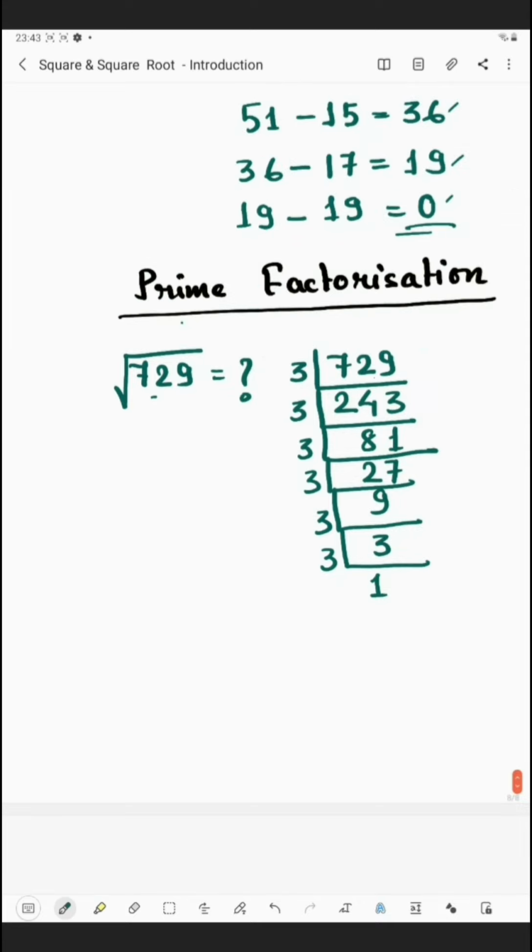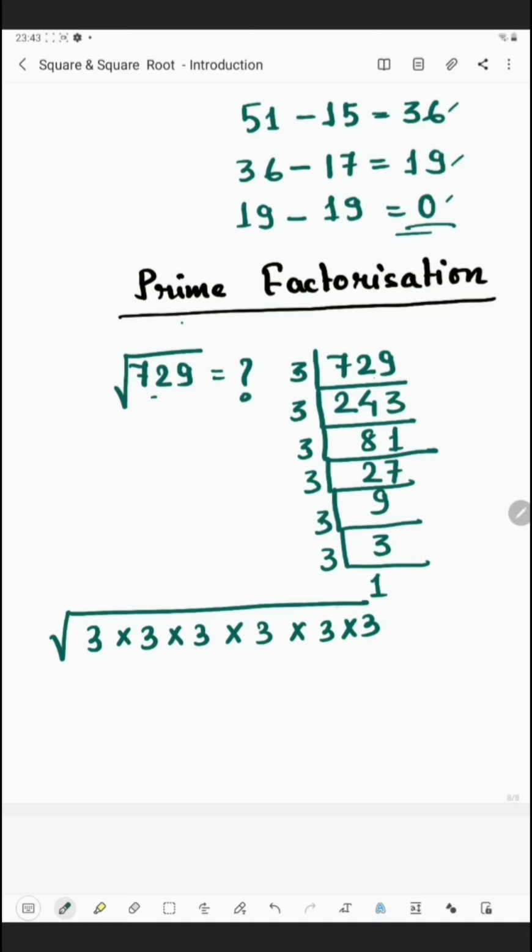So here we will write all the factors which we have got for 729, which is 3, 3, 3, 3, 3, 3, six times 3 we have got. This we will write under the square root. Now here we will have to make pairs of two numbers.